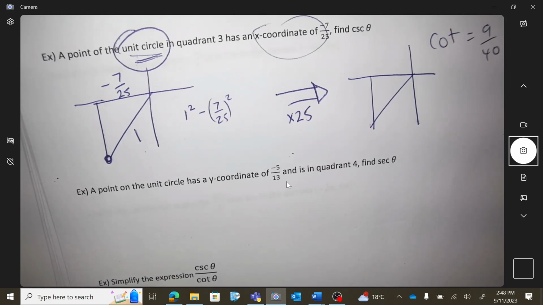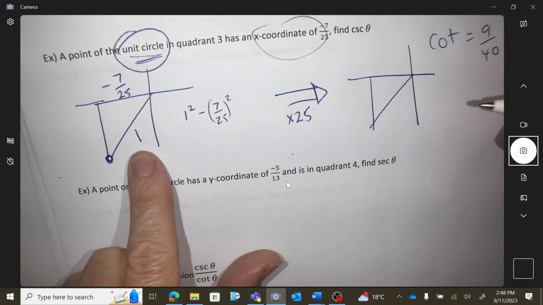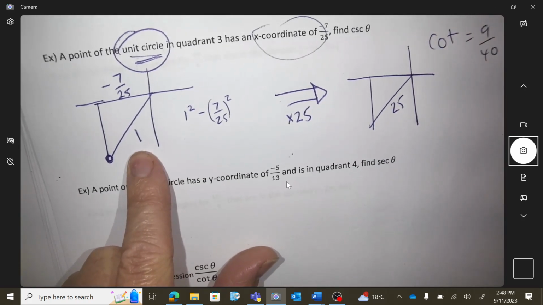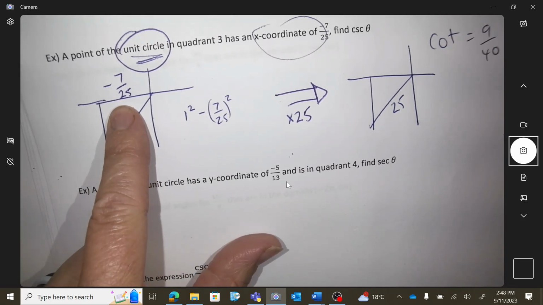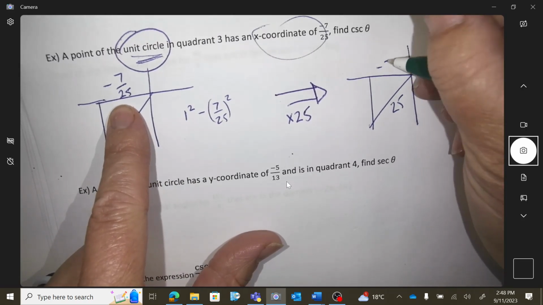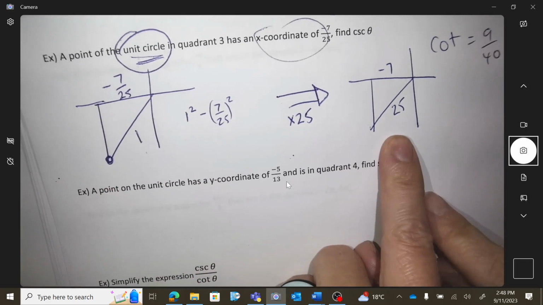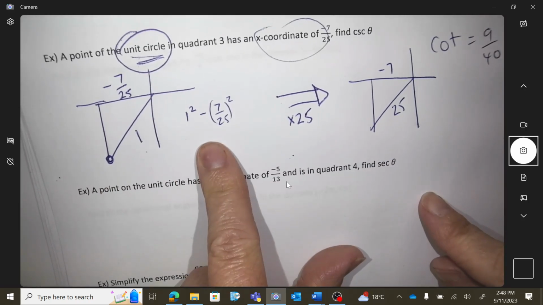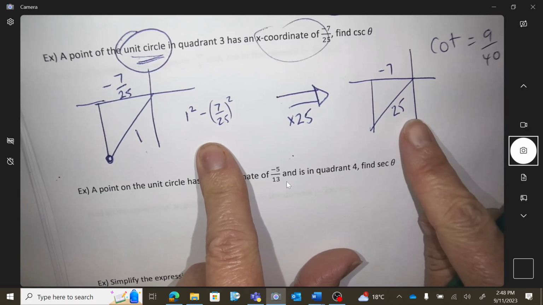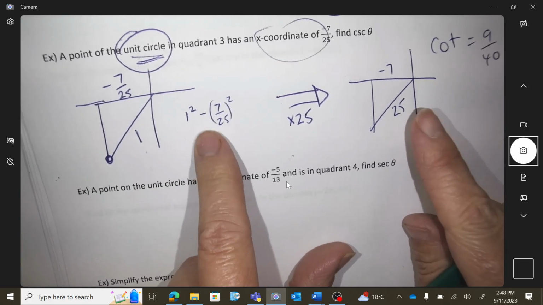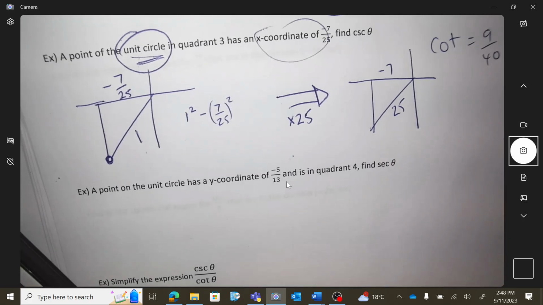If I blow this up by 25, 1 turns into a 25. What happens to this fraction? Just negative 7 now. Does this math look easier than that math? And remember, you would probably have a calculator, I guess, right now with the 25 squared.